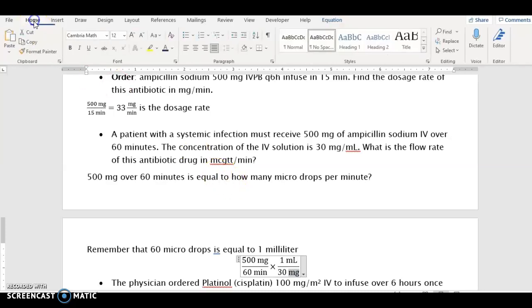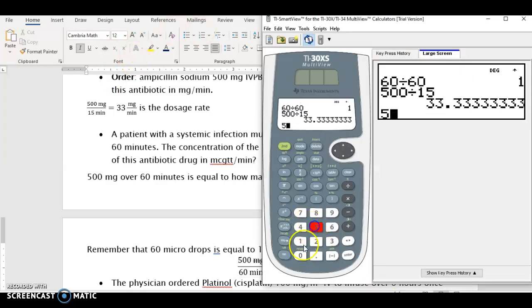We multiply by 1 milliliter over 30 milligrams. We eliminate the units of milligrams, and that gives us the flow rate in milliliters per minute. On our calculators we can do 500 divided by 60. That's going to be a decimal number.